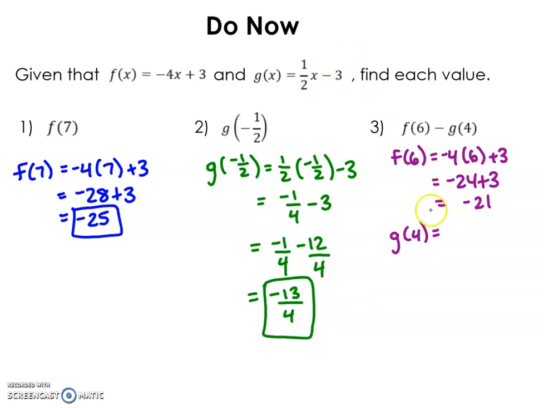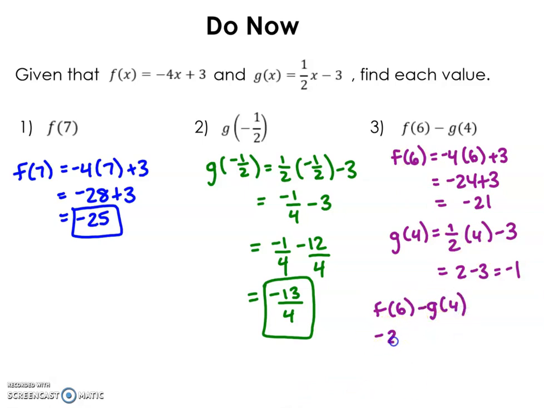So I'm using the g function, and I'm plugging 4 in for x. So this is going to give me 1/2 times 4 is 2, minus 3 is -1. So for f of 6 minus g of 4, that's going to be -21 minus -1, so -21 plus 1, which is going to give me -20.